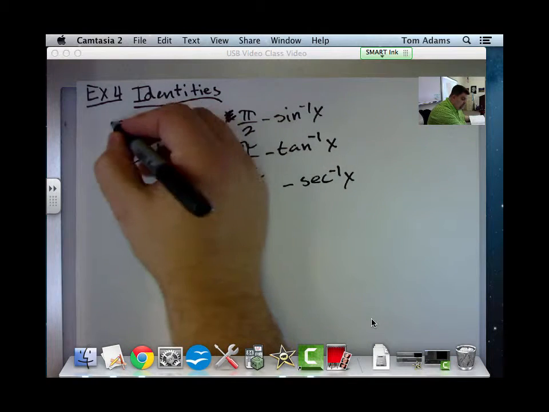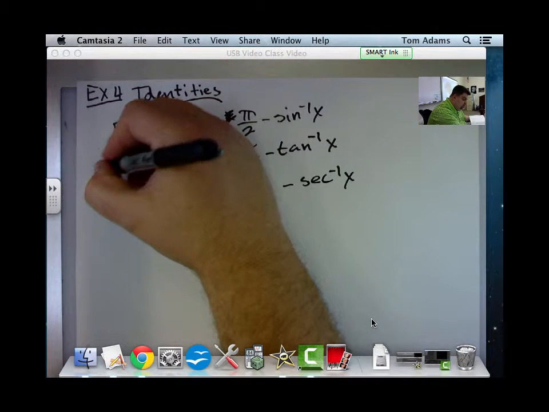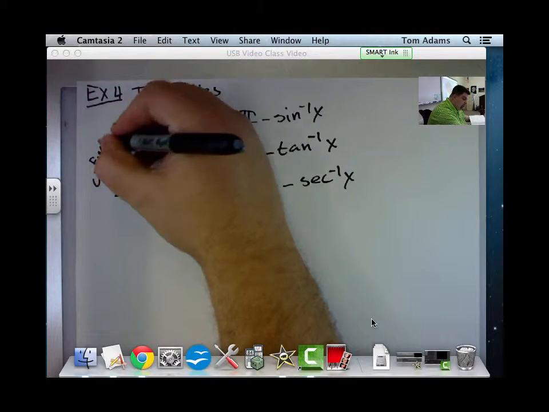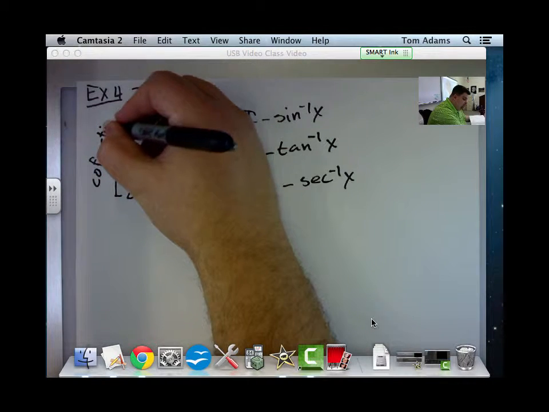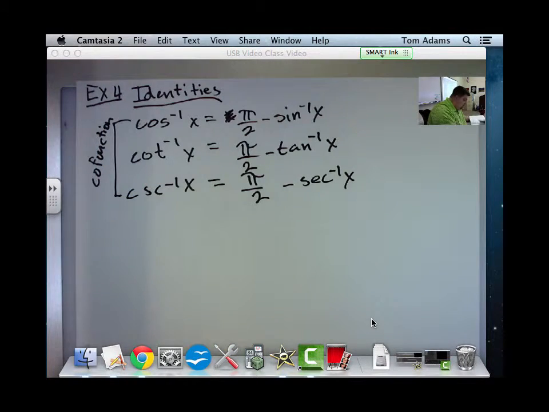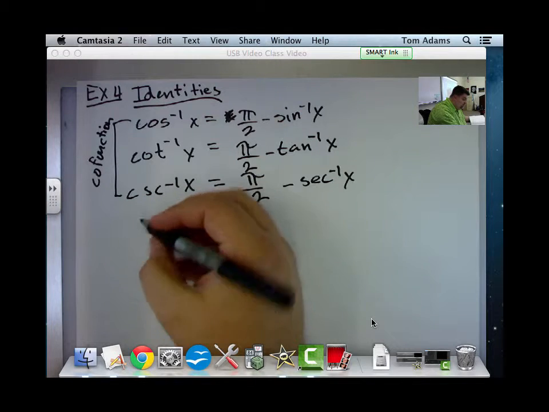Now these are called the cofunction identities.